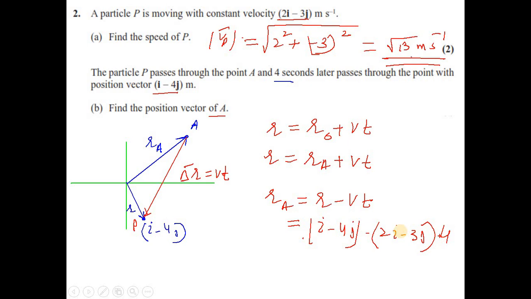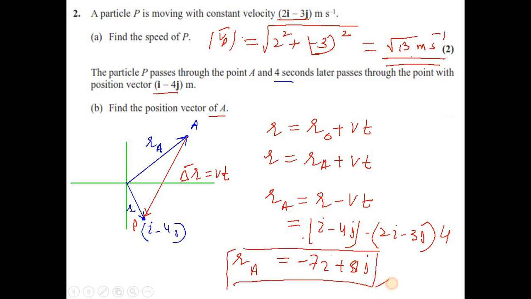And now you can multiply this 4 and separate the i and j components, and if you do that, Ra would be equal to 1 minus 8, that means minus 7i, and minus 4 plus 12, so minus 4 plus 12 will be 8j. This is the position vector of point A at t equal to 0, or the beginning of the situation.